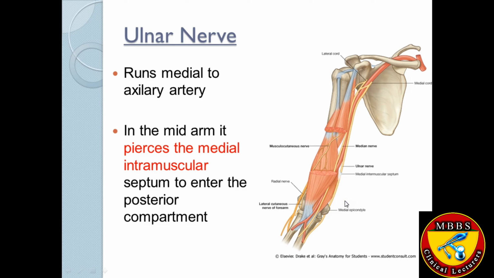So you have to remember the course of the ulnar nerve. It is a very naughty nerve. It is running on the medial side of the brachial artery in the mid-arm, pierces the septum, enters into the posterior compartment and runs just behind the medial epicondyle of the humerus and enters into the forearm.